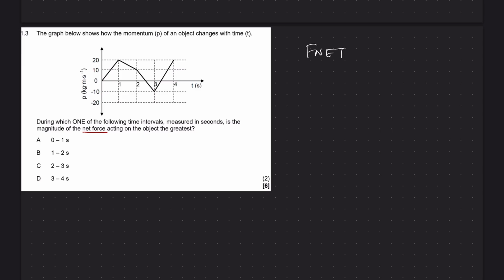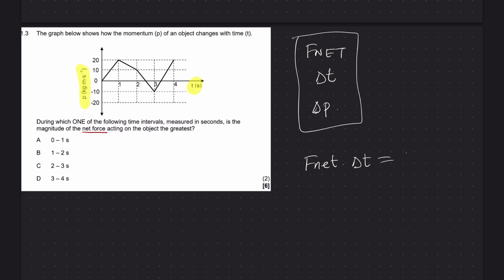Let's look at the quantities on our graph. We have time, so delta t, and then we have momentum, so let's call that delta p. Now there is an equation that uses these three quantities, which is F net times delta t equals delta p.